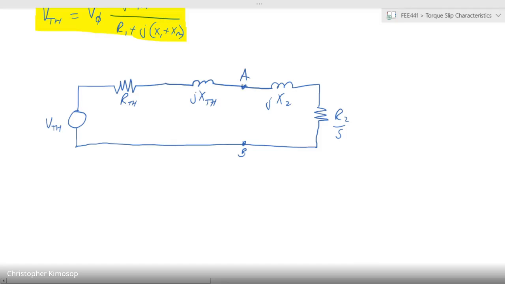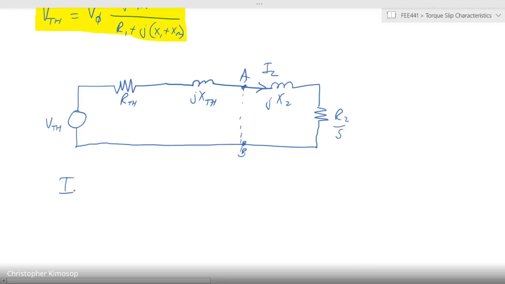Now, remember at this point we have our current I2 coming in. That means if we know the Thevenin voltage, resistance and reactance, the same current is flowing through all the elements of our new equivalent circuit.